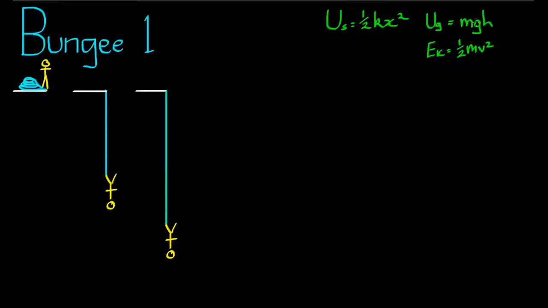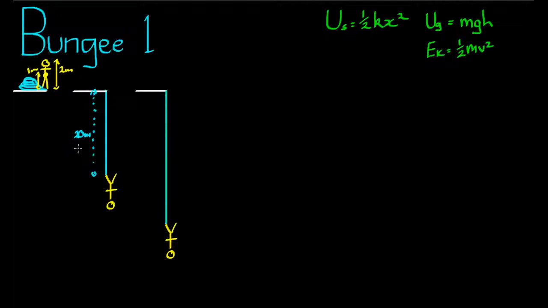To set up this question, I'm going to put in a few numbers. First of all, this person is 2 meters tall, and their center of gravity is halfway between their head and their feet. So their center of gravity is 1 meter high if they're standing up. Secondly, the length of the unstretched rope here, so I'll just draw a dotted line, is 20 meters.